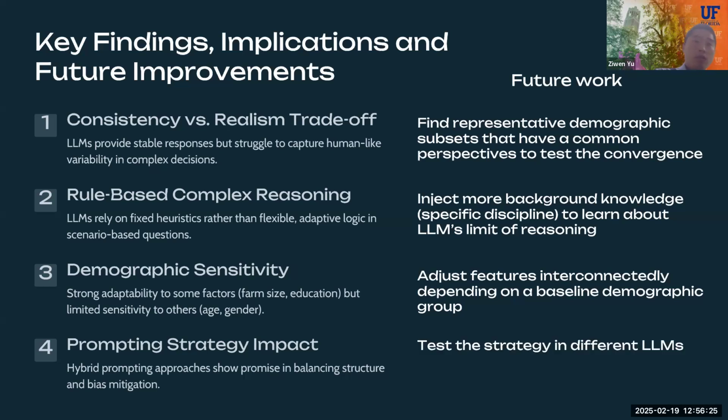And then for prompting, we need to test the strategy in different LLMs as well. Although for ChatGPT here we do see that the hybrid style gives the best performance, new LLMs such as DeepSeek, which is very competitive, we have not tested yet.